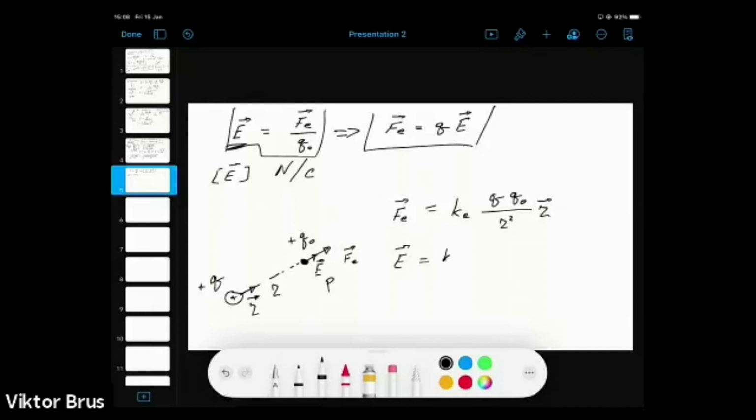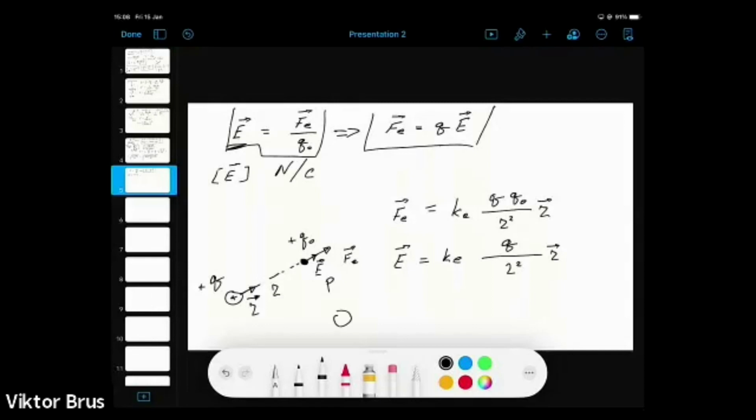So it will be K_E. Here we have only the source charge because we divide force by test charge Q naught, R square, R vector. So this is how we define the electric field vector.